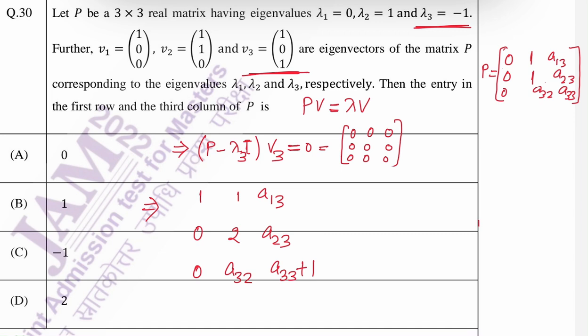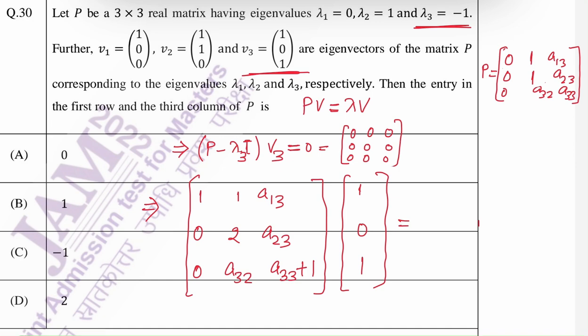Okay, and v3 is 1 0 1, and this equals 0 0 0 0 0 0, the null matrix.